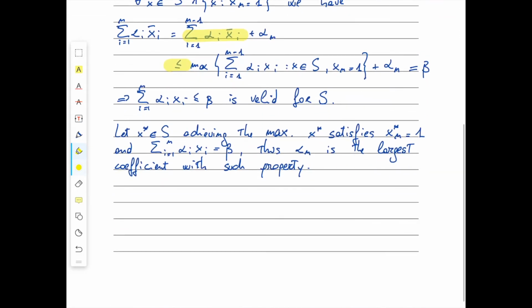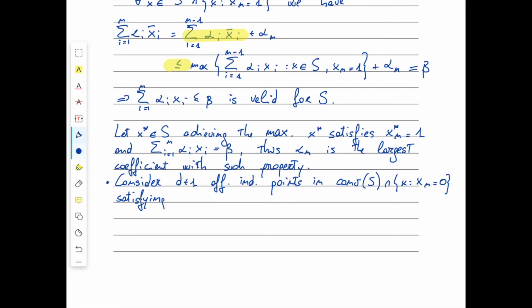So let's write this down. Consider d plus 1 affinely independent points in conv S intersected with x with xn equal to 0, satisfying the sum for i equal 1 until n minus 1 of alpha i xi equal to beta.